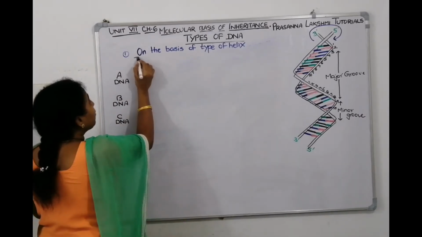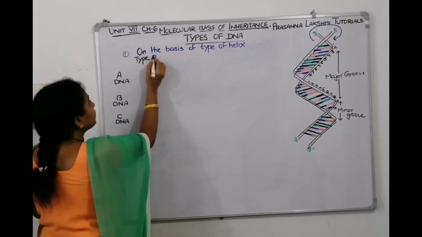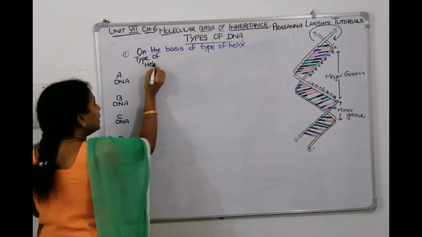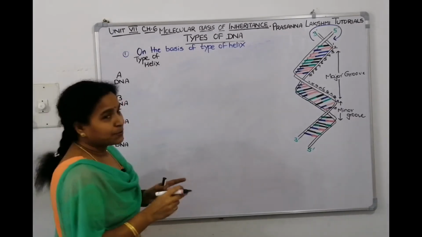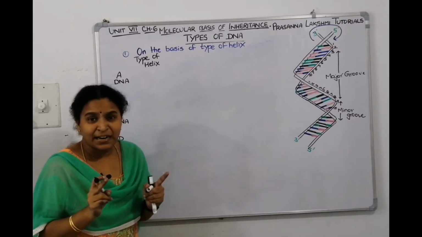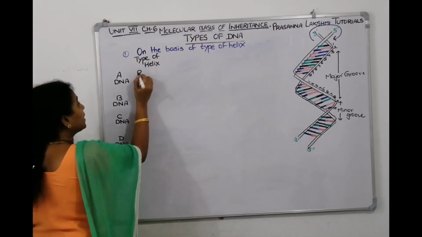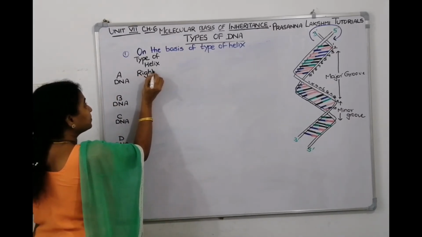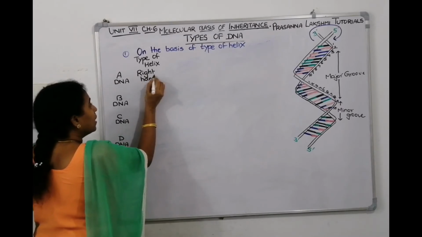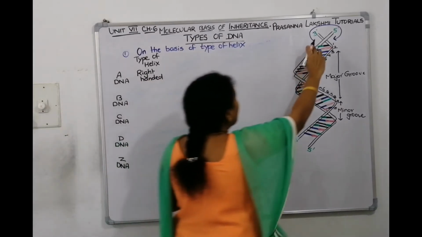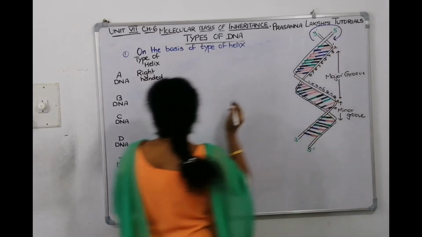Now, we will see how many are right-handed helix and how many are left-handed. Type of helix, correct? Children, among these 5 types, only Z DNA is a left-handed helix, all others are right-handed helix. A is right-handed. B is also a right-handed helix only.